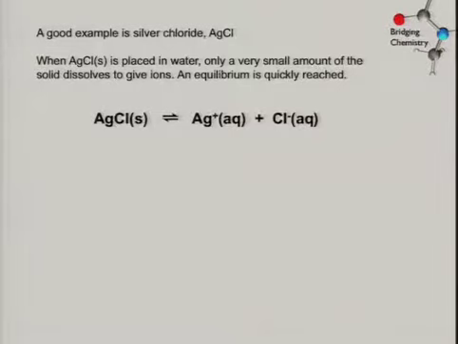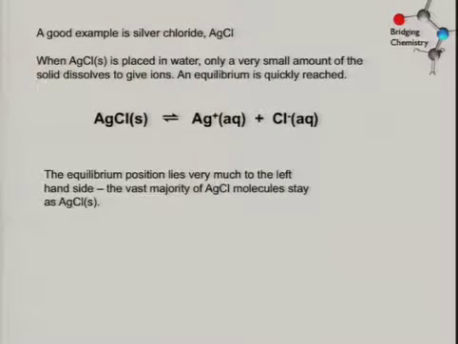But it only dissolves a little bit, and then it will no longer appear to be dissolving because it reaches an equilibrium. In this case, an equilibrium between the dissolved ions and the undissolved solid. Right? So it's a little bit different to the one we were talking about before. Now you've got an equilibrium between a solid and the dissolved ions.